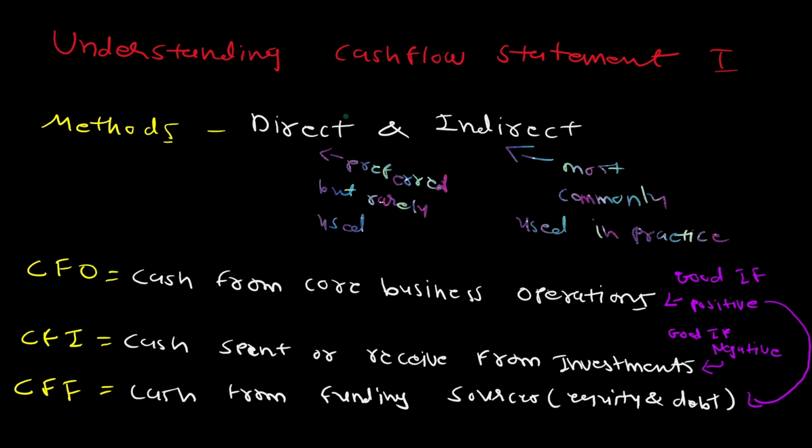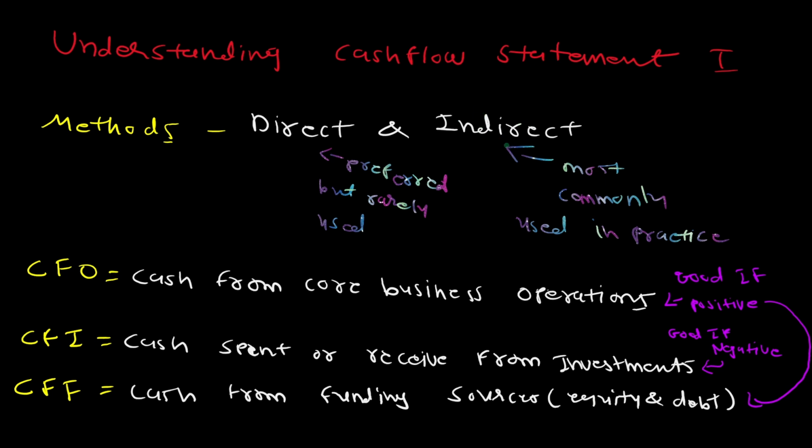There are two types of cash flow preparation: direct and indirect. Direct is simplified and more detailed, and is preferred but rarely used by the companies in the industry.